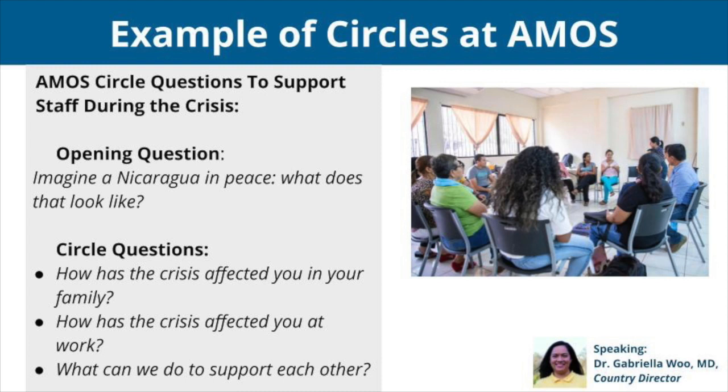Yeah, and here there is an example of circles at AMOS. So we did a circle to support staff during the crisis. An opening question for this kind of circle was: imagine a Nicaragua in peace. What does that look like? Because in that moment, we were not having peace, we were having conflict and violent demonstrations everywhere.